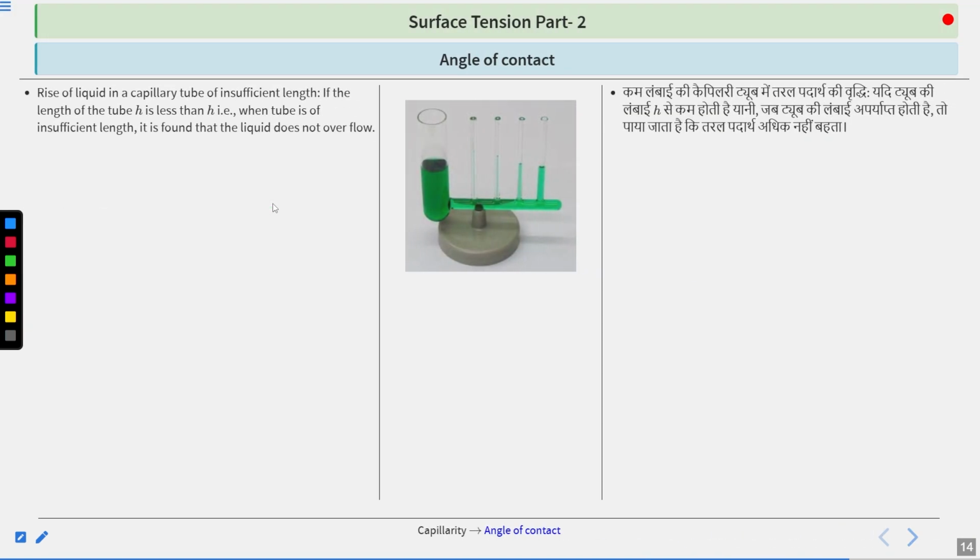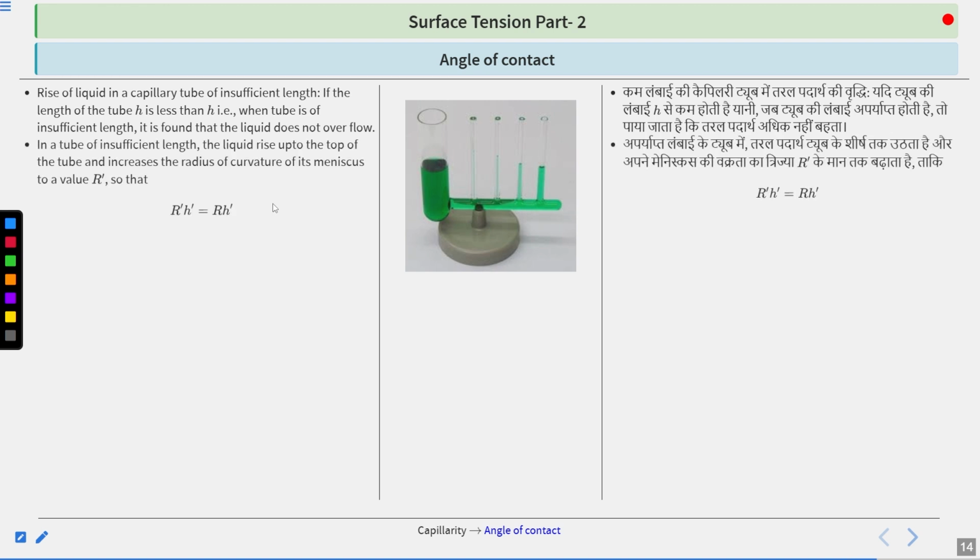Rise of liquid in a capillary tube of insufficient length. If the length of the tube h' is less than h, that is, when the tube is of insufficient length, it is found that the liquid does not overflow.